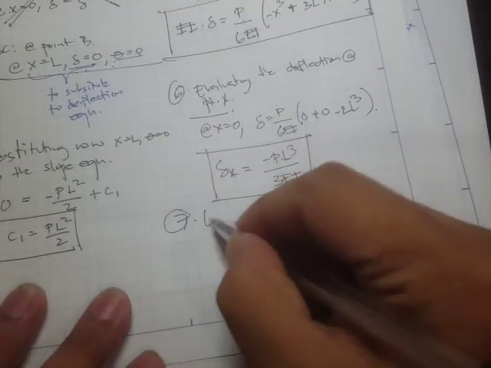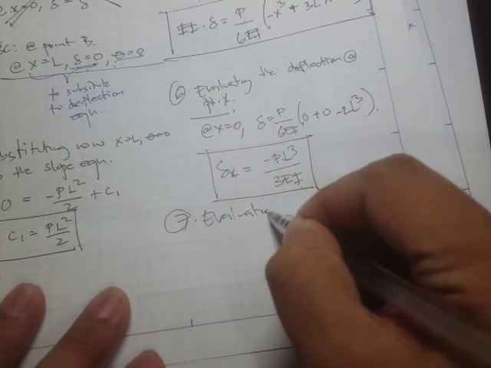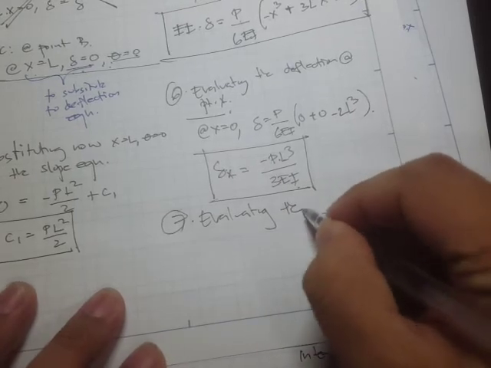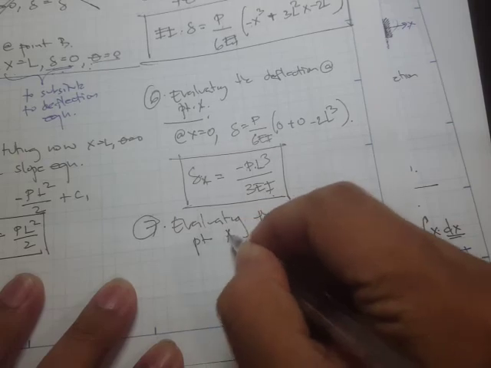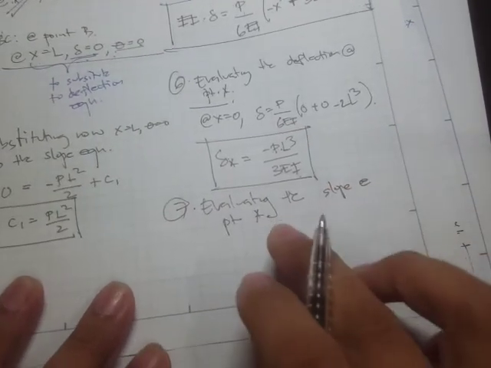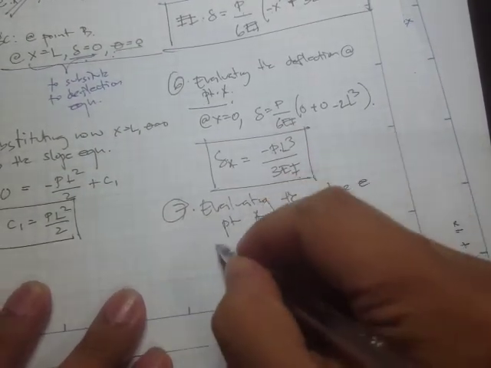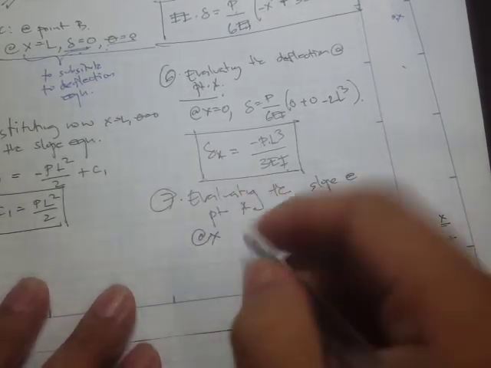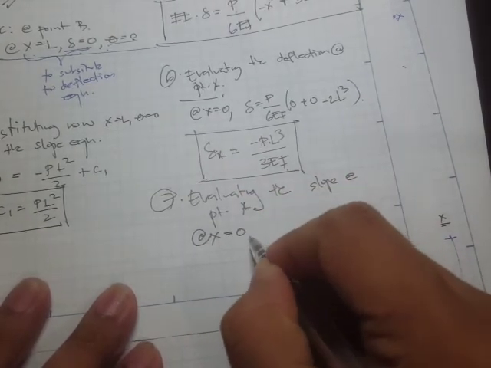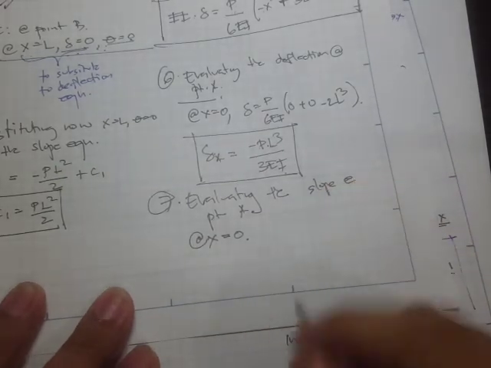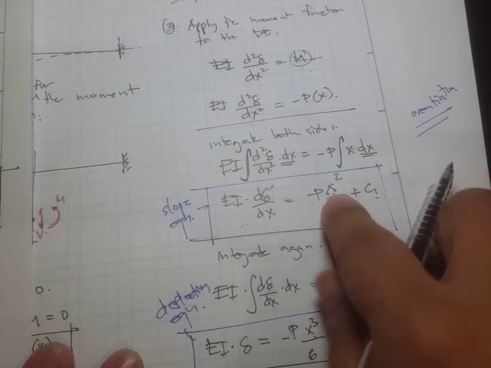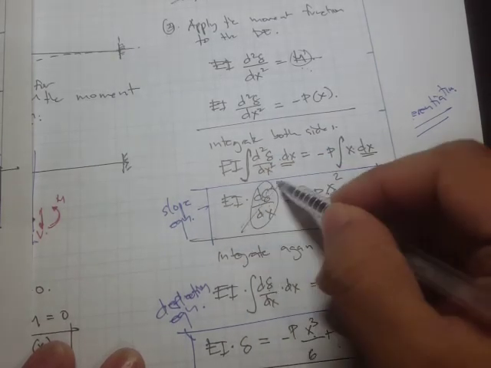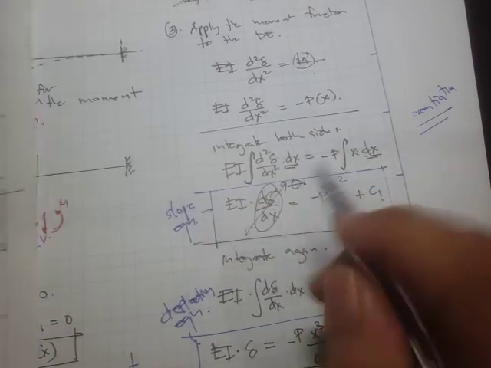Then the next is evaluating the slope at point A, and of course we just have to determine the x value, which is just 0, from this equation. We have the value of C1, and this is actually theta, the slope.